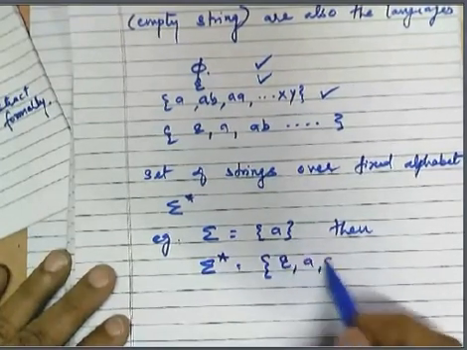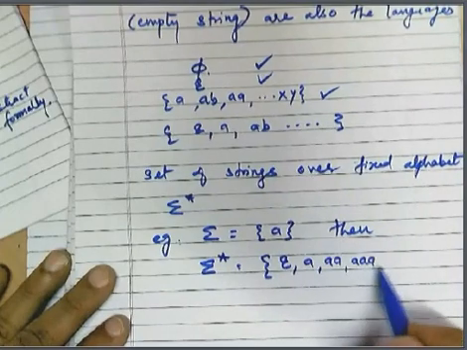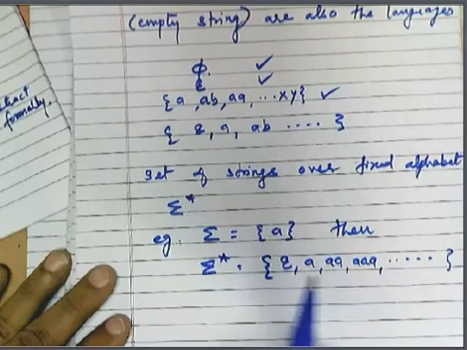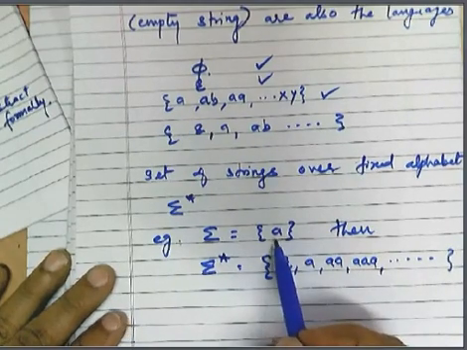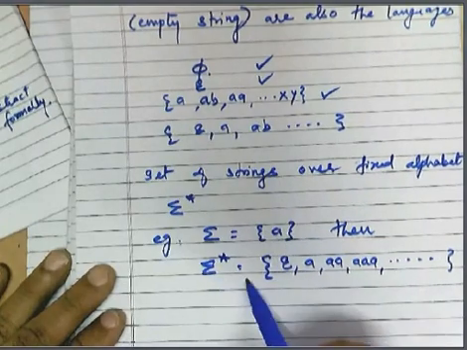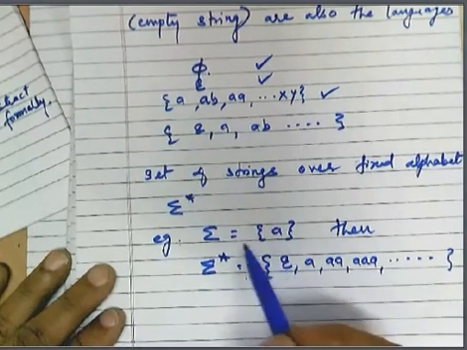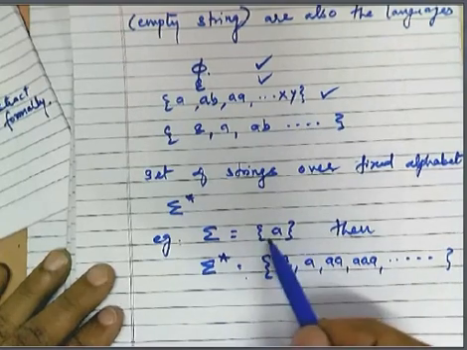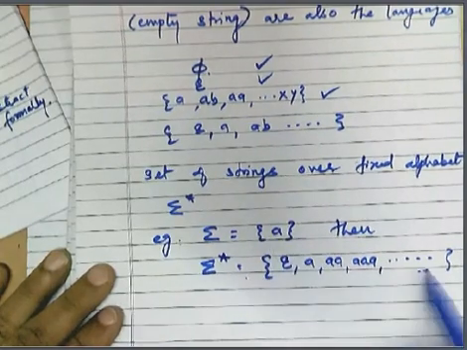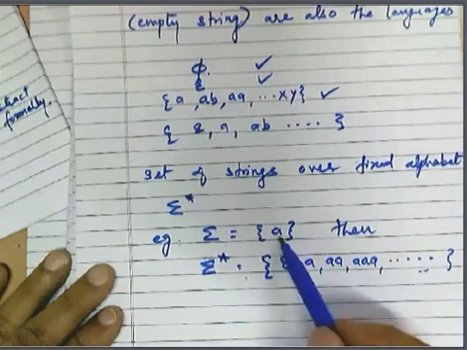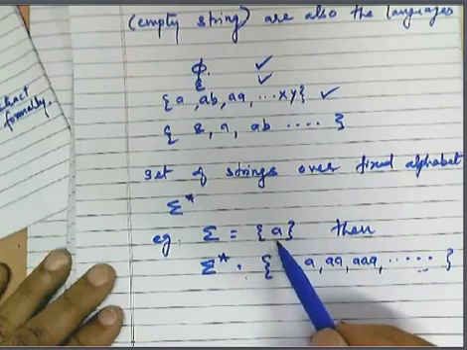Empty, A, and so on. In this alphabet you have only a single symbol, so all possible combinations of that symbol come under the closure of the set. This is set theory actually. So this is representing one language, the set of strings formed through the symbols in the alphabet.